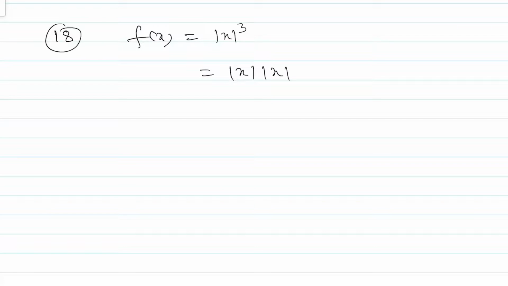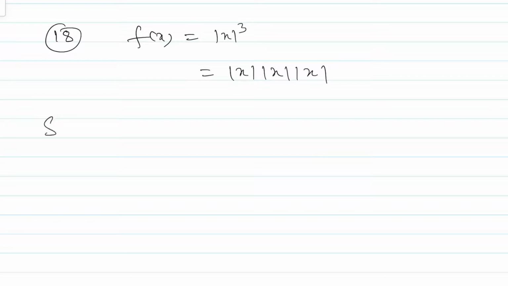Question number 18 is, if f(x) is equal to the cube of modulus x. The cube of modulus x is modulus x into modulus x into modulus x, isn't it?